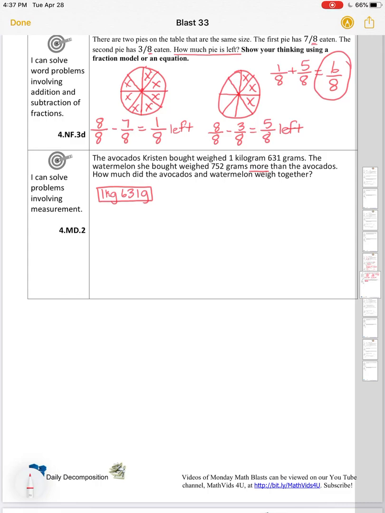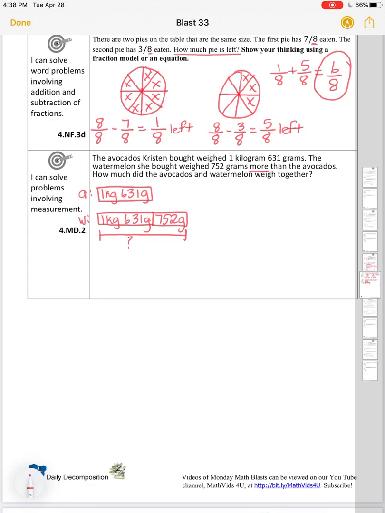The watermelon, I'm going to put an A here for avocados. The watermelon weighed what the avocados did, that 1 kilogram, 631 grams, plus 752 grams, because it said 752 grams more. So now we can determine what the weight of the watermelon was.